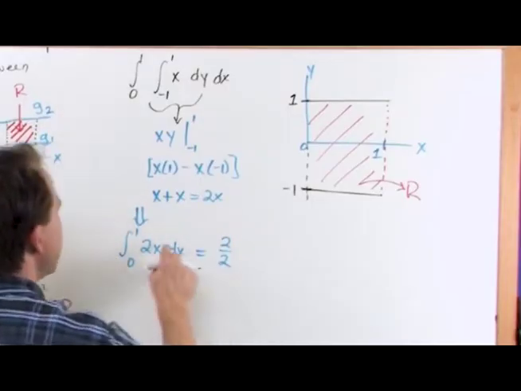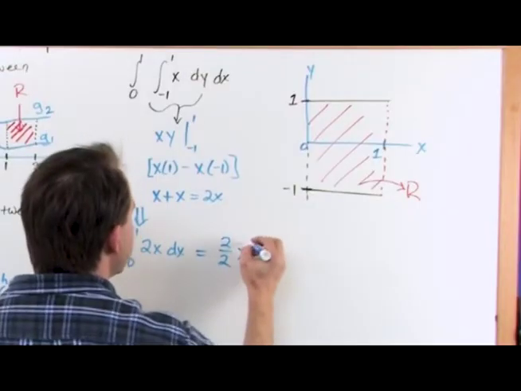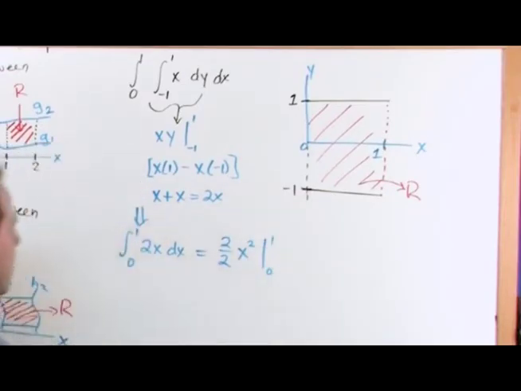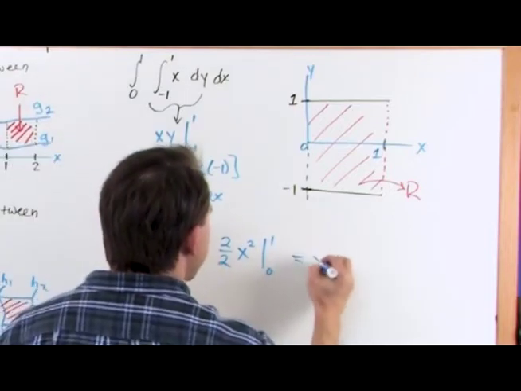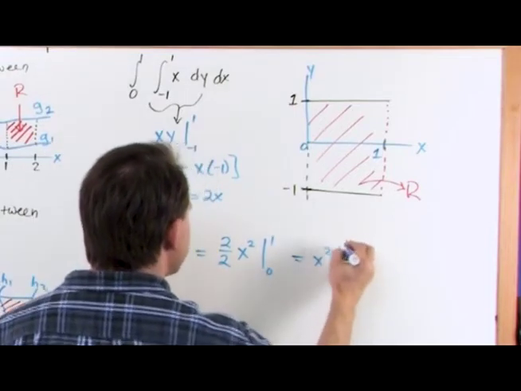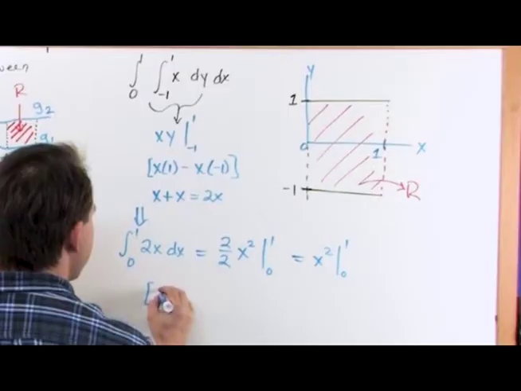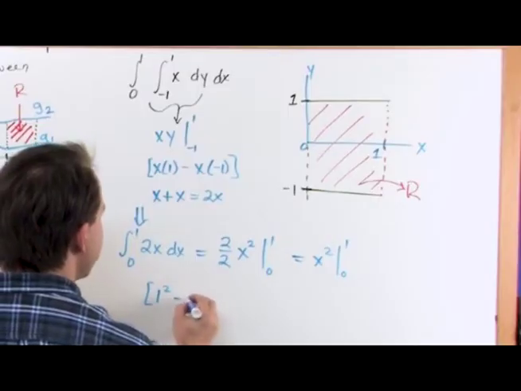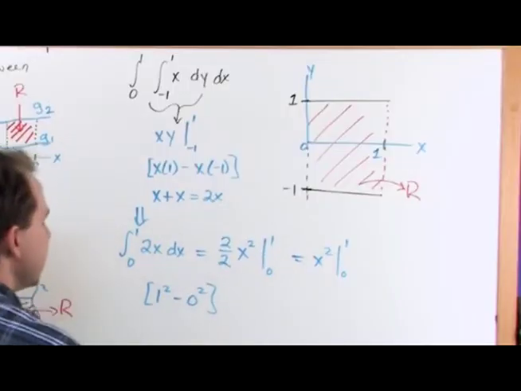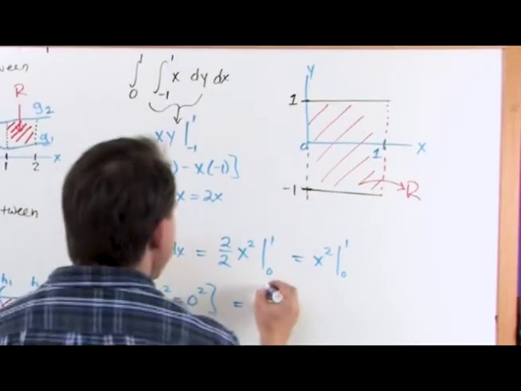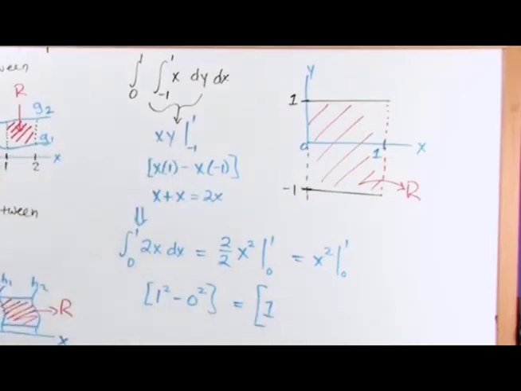The integral of 2x is 2 over 2, x squared, evaluated from 0 to 1. So this is just x squared evaluated from 0 to 1, which gives 1 squared minus 0 squared, which is equal to a big fat 1. That's the answer. Congratulations, you've done your first double integral.